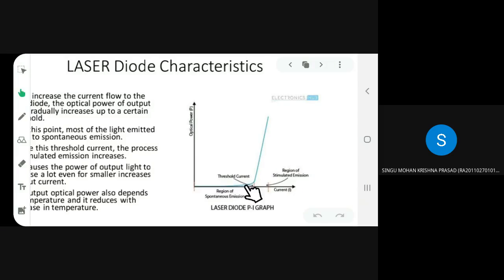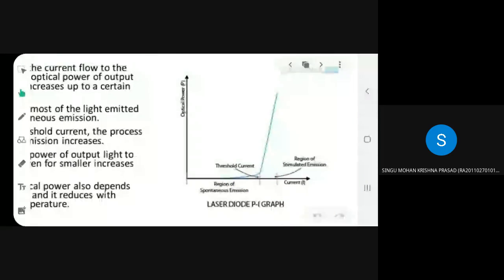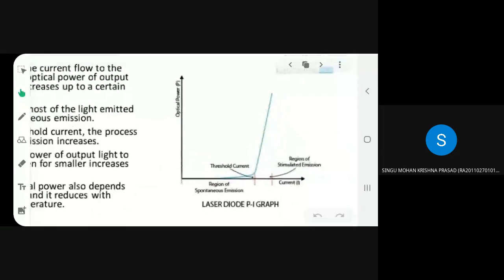You can see this is a gradual increase of the optical power with the increase in the current. But once this threshold value is crossed, this region is called the region of what emission? Normal emission. That is called what emission? Spontaneous emission.